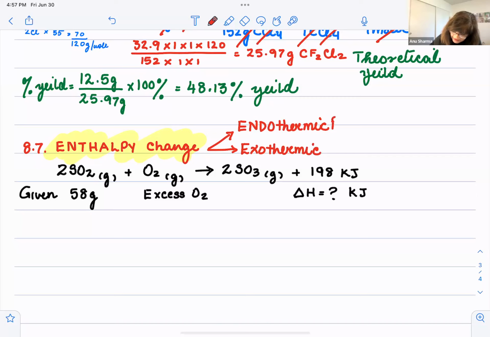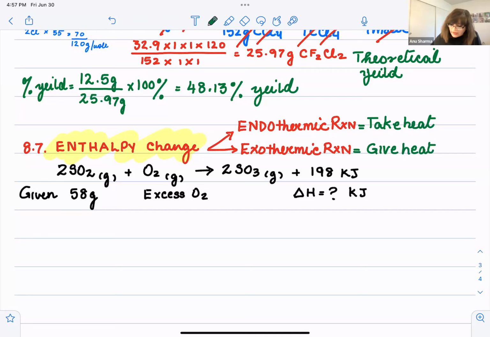Endothermic reactions take heat, or absorb heat, and exothermic reactions give heat.